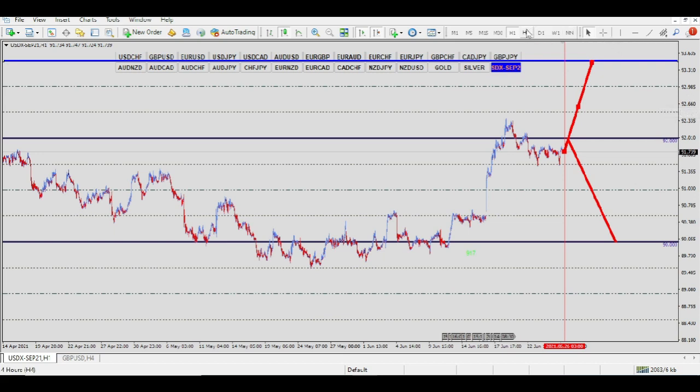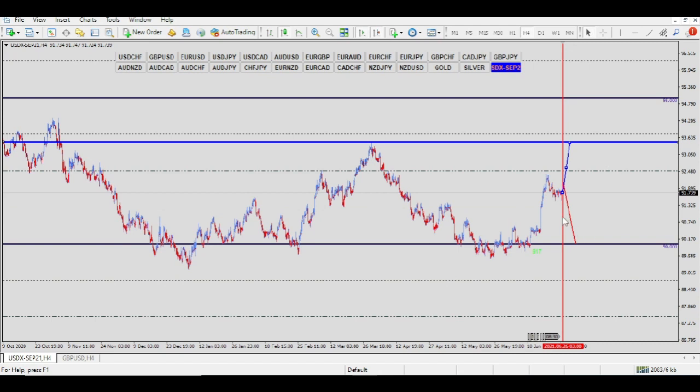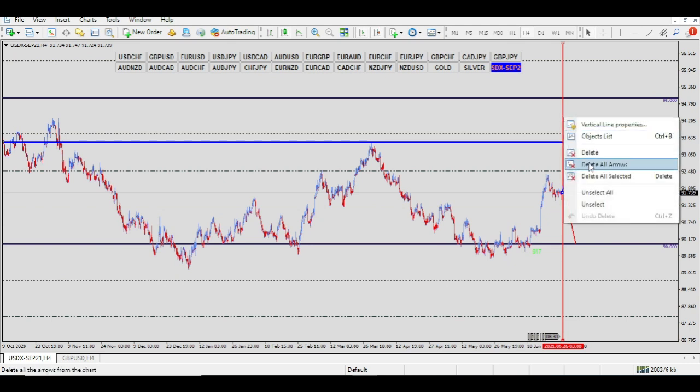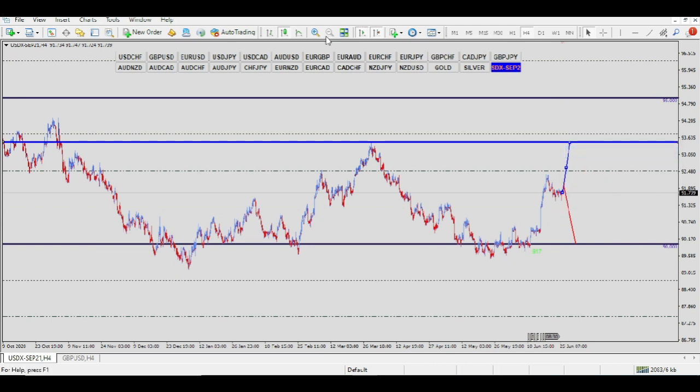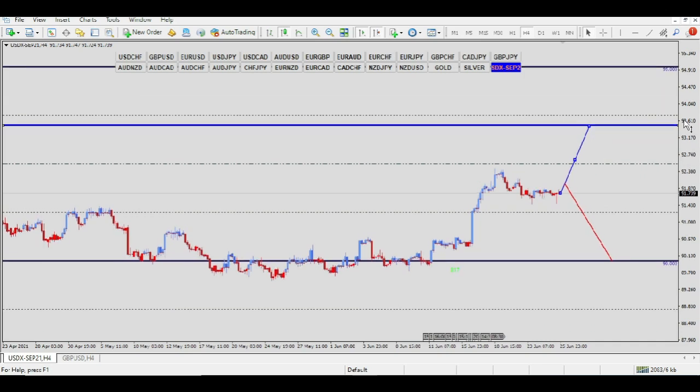But for now, my bias is on dollar index wanting to take us to this area.